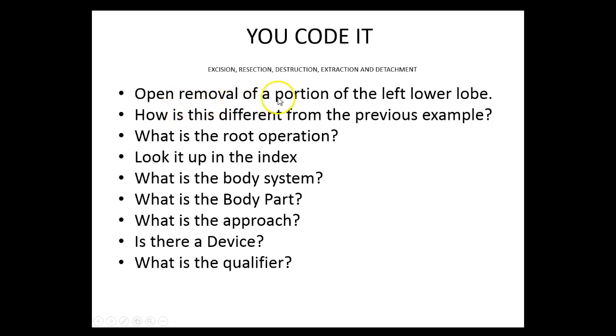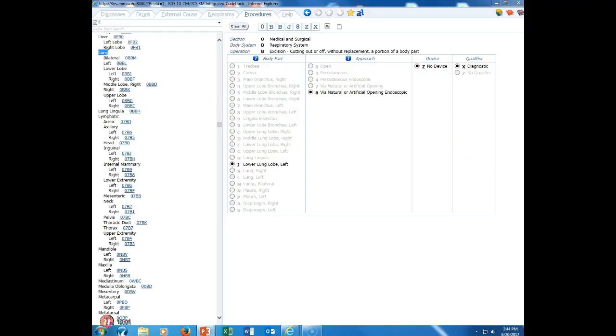It is still an excision because it's a portion of the left lower lobe. It's not the entire lobe, so it's still an excision. We're still in the respiratory body system, and it does not say that this was diagnostic, so there's no qualifier, and of course there is no device.